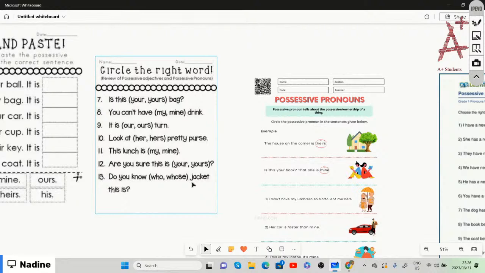Between the brackets there are two words. We need to choose the correct word to go in place of the space so that we can complete the sentence. So we can then say, is this your bag?